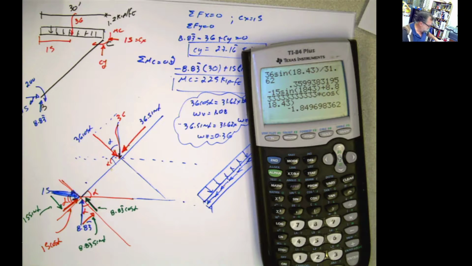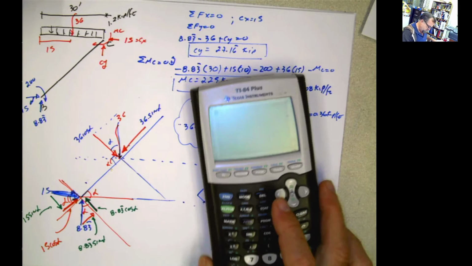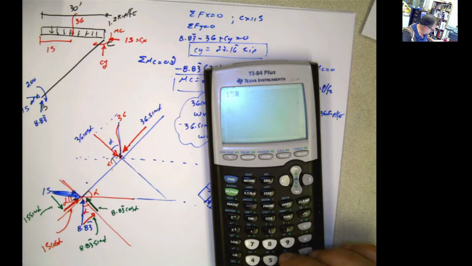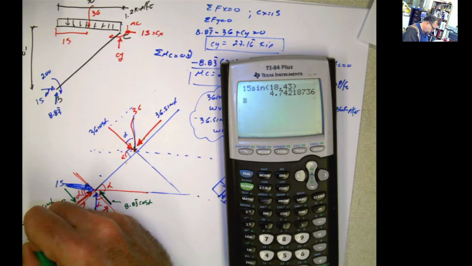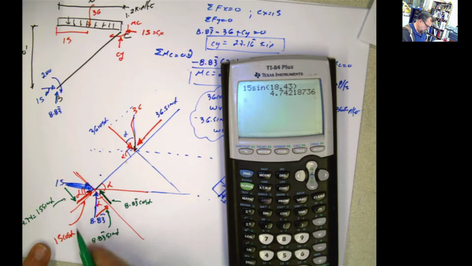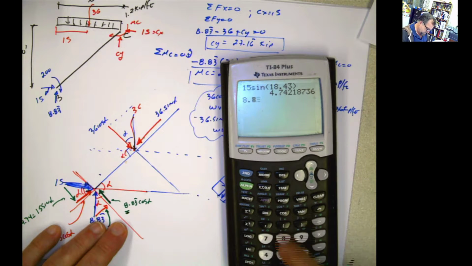I don't know if I did the calculation or not. Let me do that again. 15 sine alpha is 4.74 down. Let me put the values here. 4.74. And this green is going to go with this green, which is 8.83 cosine alpha.